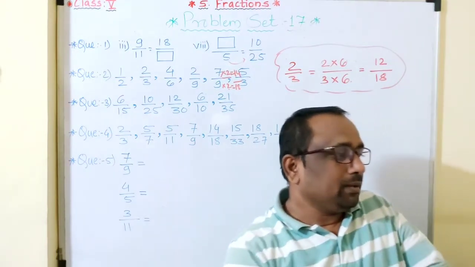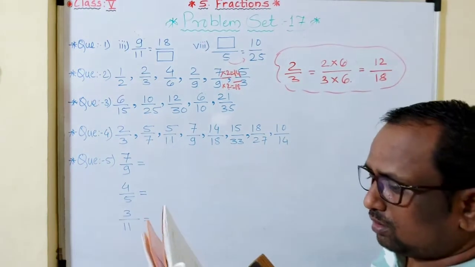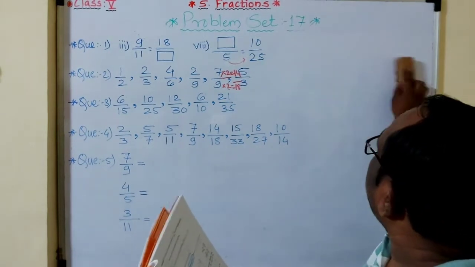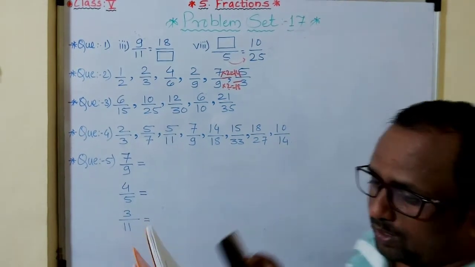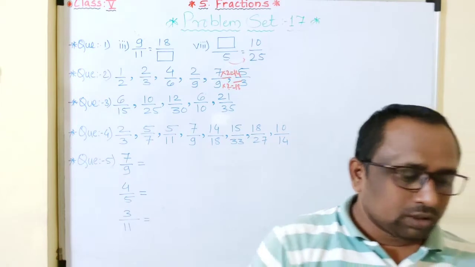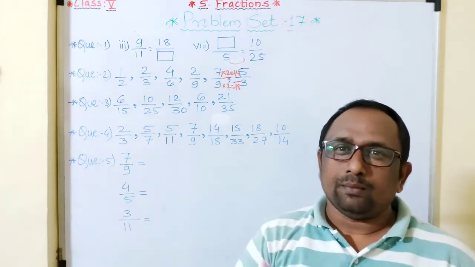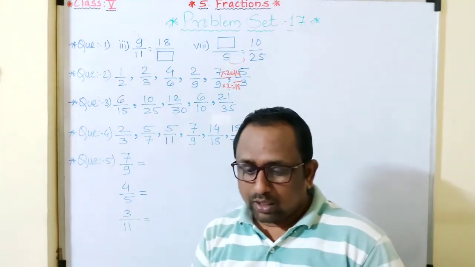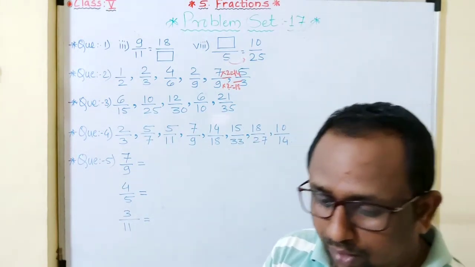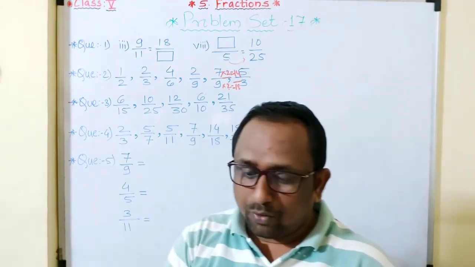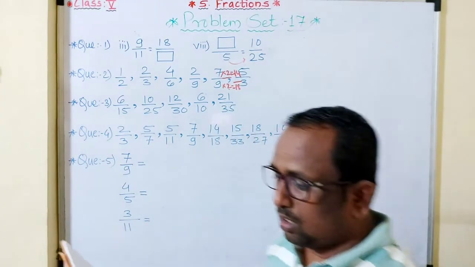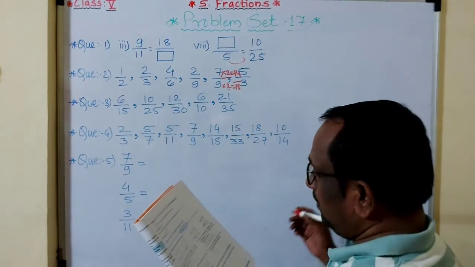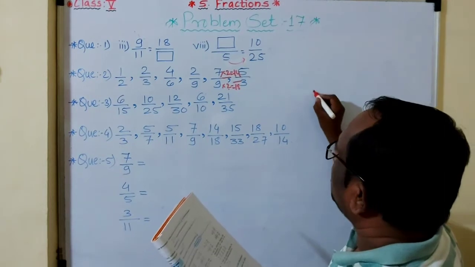Okay, now the third one. Third one also, students, same like this. But here also you can use, I told you, multiplication way or division way. Okay, the question is find an equivalent fraction with denominator 5 for each of the following fractions. So we'll see 12 upon 30.